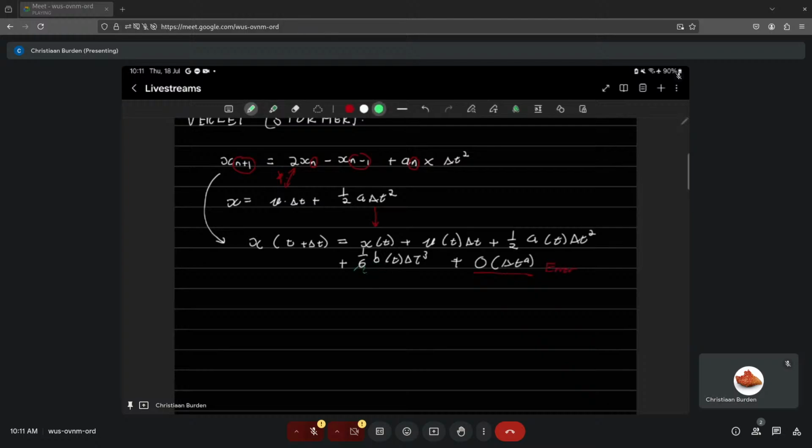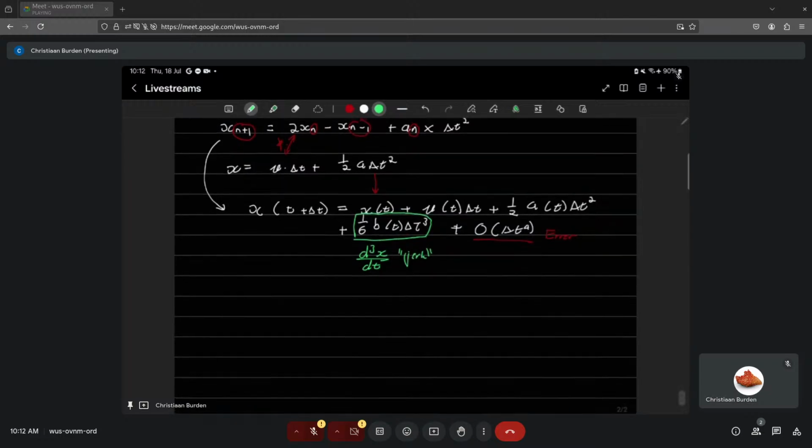This interesting one is called the jerk term. So this is the derivative of, I think, acceleration, if I'm not mistaken. We will not be implementing this term.